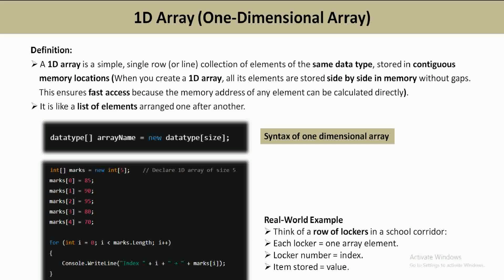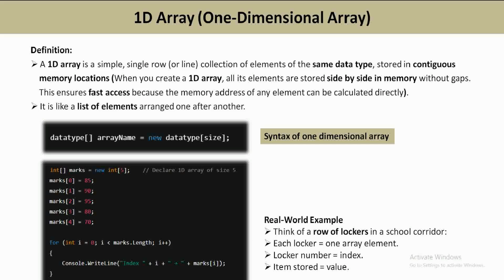In contiguous memory locations we can add the elements without any gaps, one after the other, into an integer type array or any string type array. According to what we declare, we can add elements, and we can access those elements through the index position. It is like a list of elements arranged one after another.